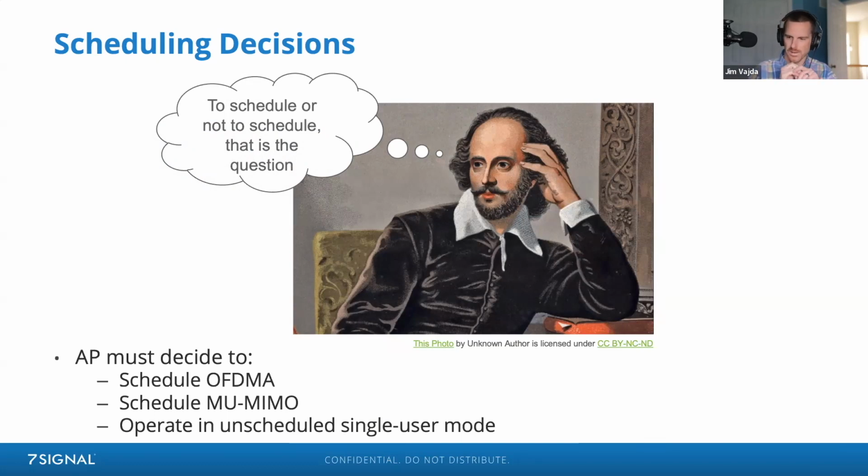I think this is one of the reasons why there was a little bit of a letdown when we started looking at some of the 802.11ax products out there, and didn't see a lot of OFDMA. I think the marketing was out ahead of what was actually realistic in terms of the frequency at which we'd see OFDMA, because a lot of times it just doesn't make sense to use it.